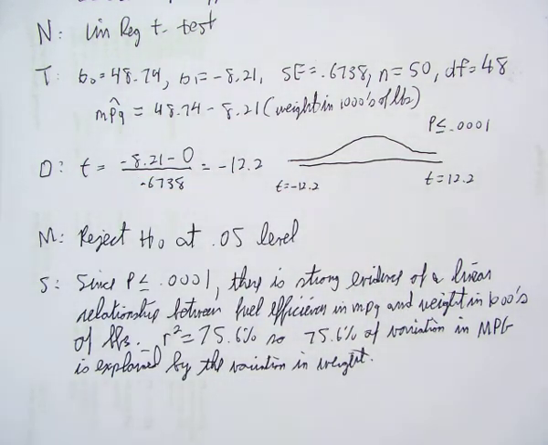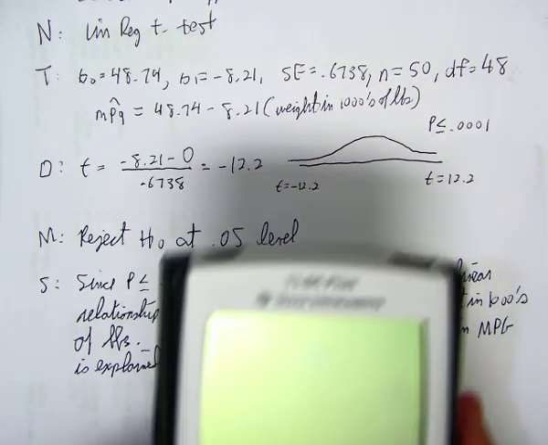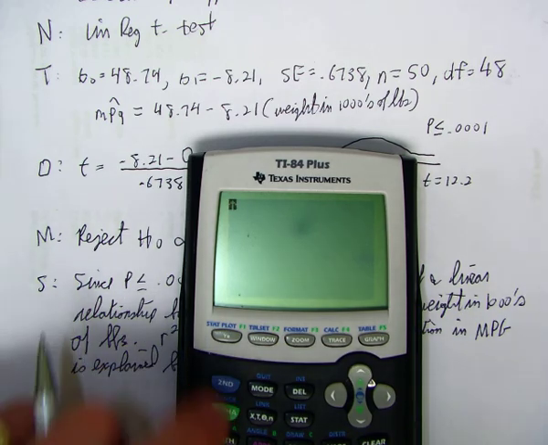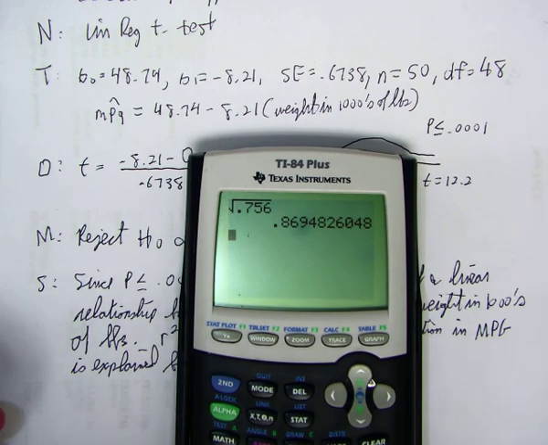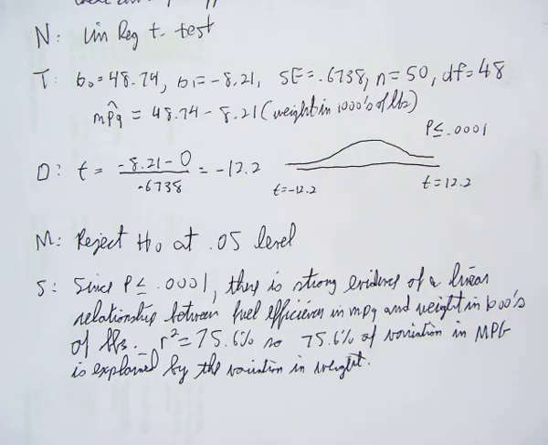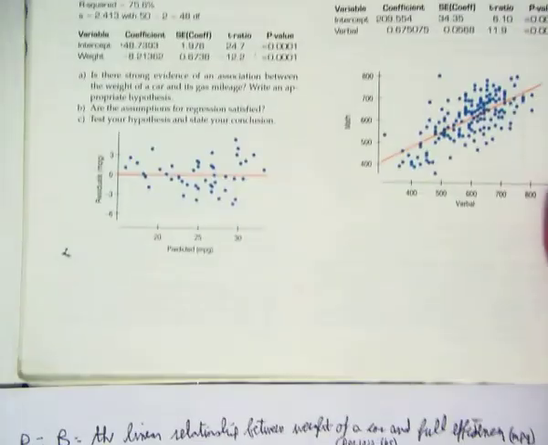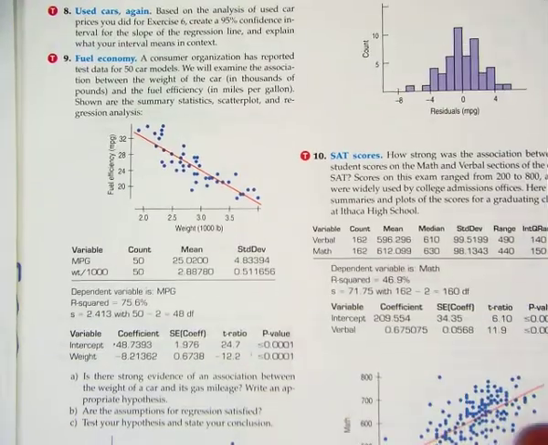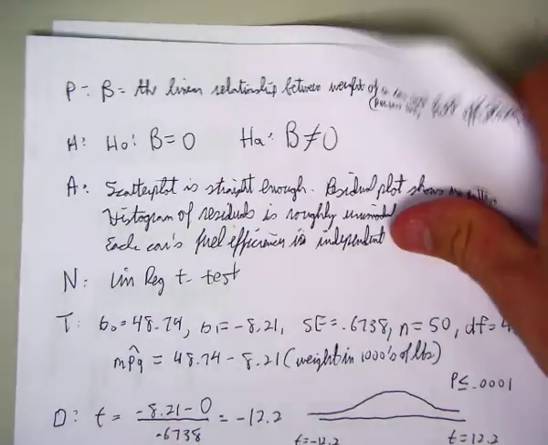Now, if we take the square root of 75.6% and we do 0.756, and let's do that. So I'm going to do the square root of 0.756, and that's R. Now, remember, your scatter plot is negative, right? We got a negative scatter plot here. It's right there. So our value is going to be negative. So let's comment on that too.